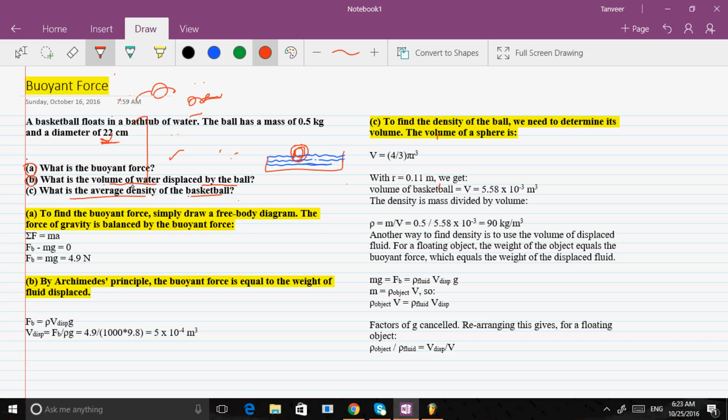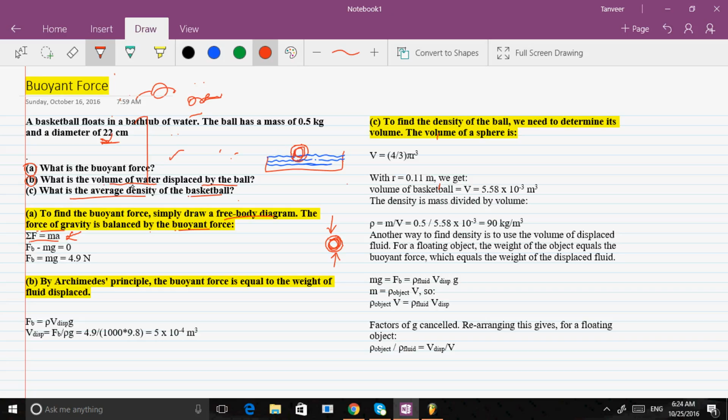Now, what is the buoyant force? To find out the buoyant force, simply draw a free body diagram. The force of gravity is balanced by the buoyant force. We have a basketball, we have a downward force, and definitely we have an upward force. If we apply Newton's second law, the sum of forces equals mass times acceleration.